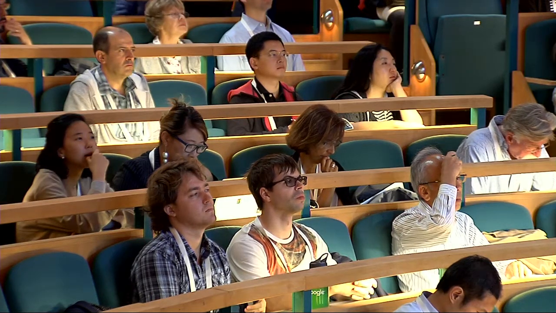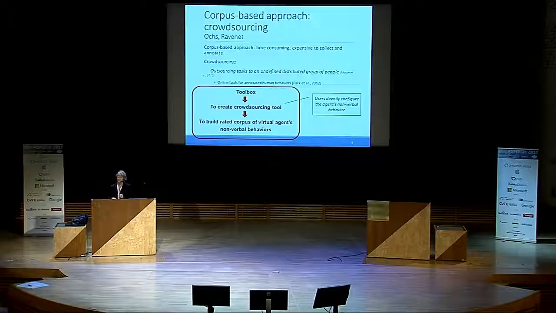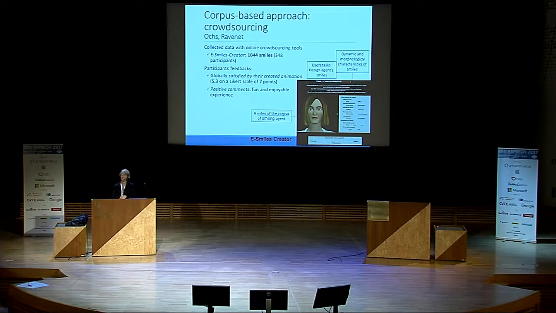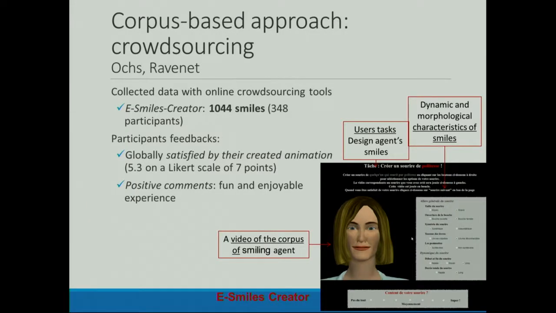We asked users to create their own smile behaviors on the virtual agent. To do that, we created a toolbox where on one side you have the different morphology parameters of smile, for example, corner of the mouth up, opening of the mouth, tension in the lips, crow's feet, raised eyebrows, and things like that.